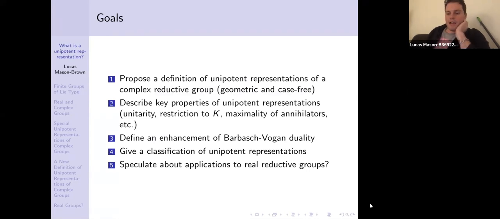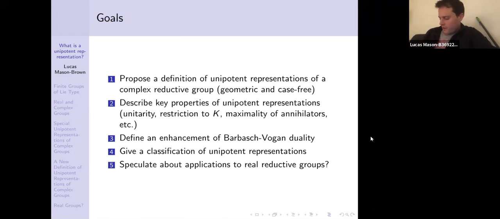I'm going to describe their annihilators. I'm going to try to relate this set of representations to the representations considered by Arthur called special unipotent representations. It turns out the set of representations I'm going to define is a generalization of Arthur's definition. And then I'm going to sketch a geometric classification of the representations in question.